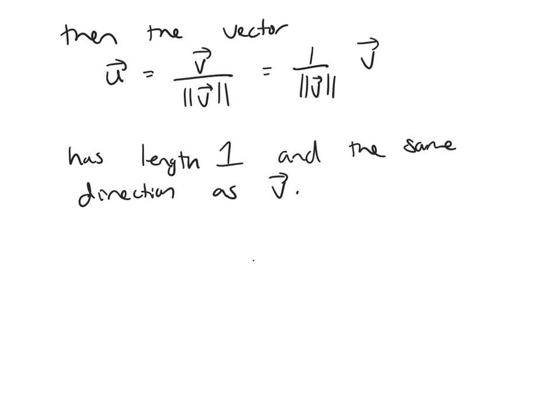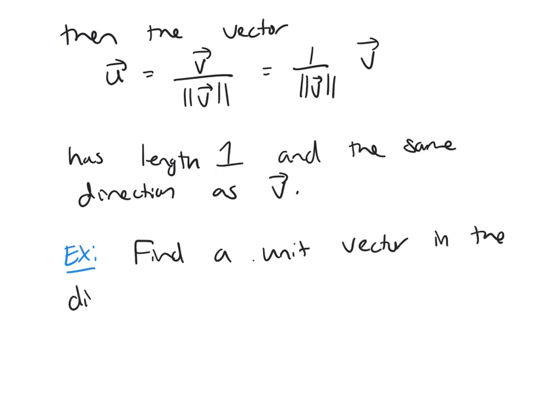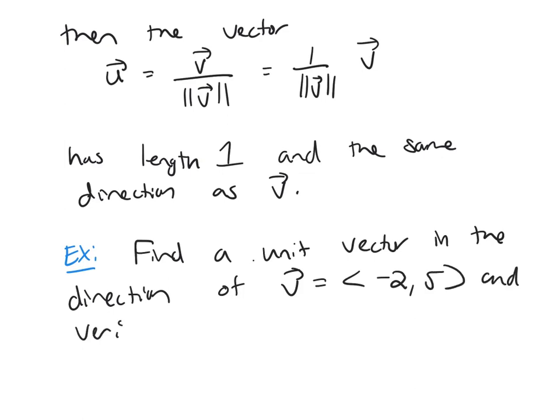So let's look at this example. Let's find a unit vector in the direction of the vector v, which is -2, 5, and verify that it has length 1.